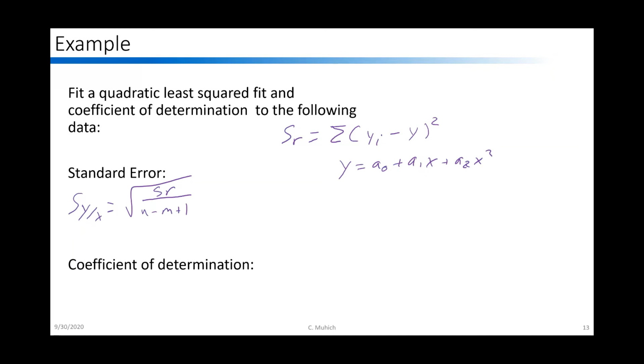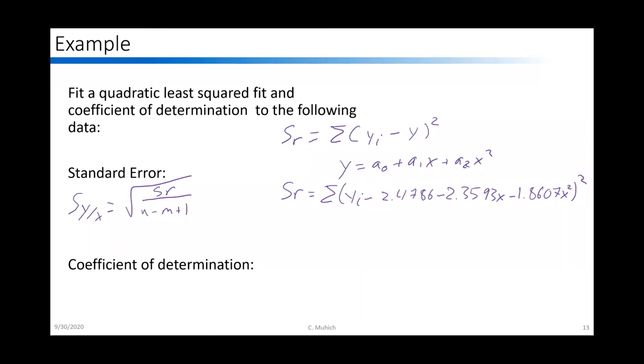From MATLAB, we're able to say what these different a's are. So we can say that SR is equal to the sum of each individual point yi minus 2.4786 minus 2.3593x minus 1.8607x squared.